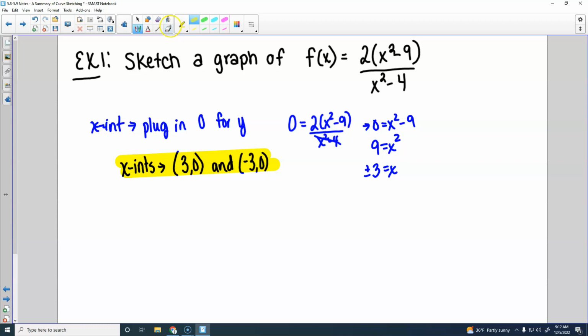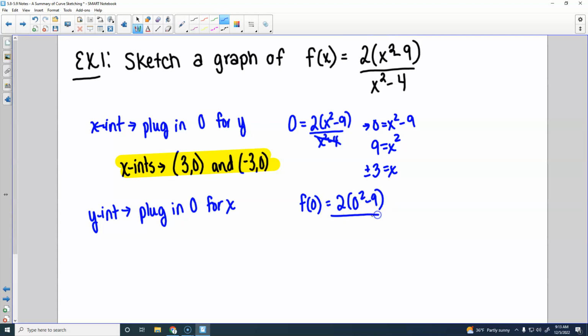Okay, let's do our y-intercept. What do we do for y-intercept? X equals 0, so plug in 0 for x. So f of 0 would be 2 times 0 squared minus 9 over 0 squared minus 4.